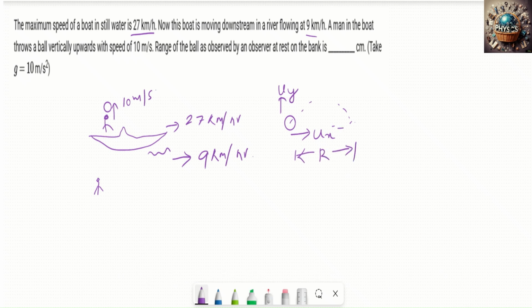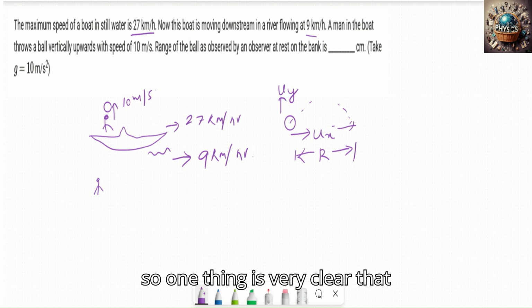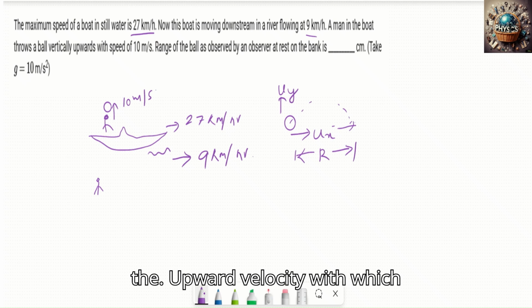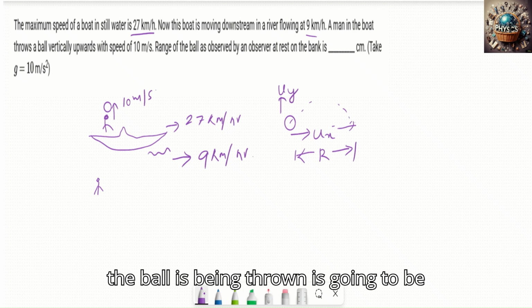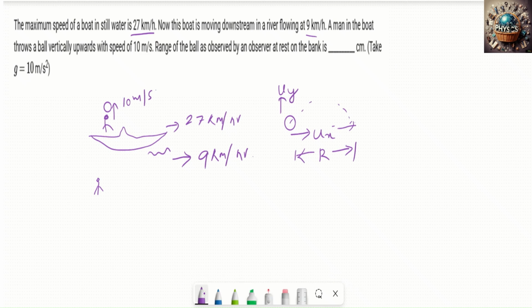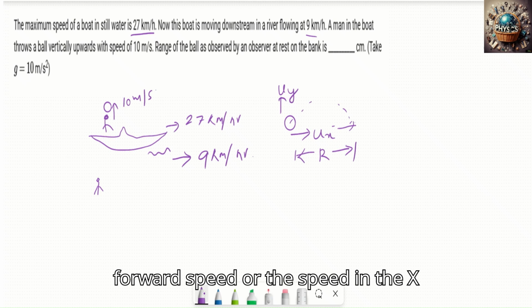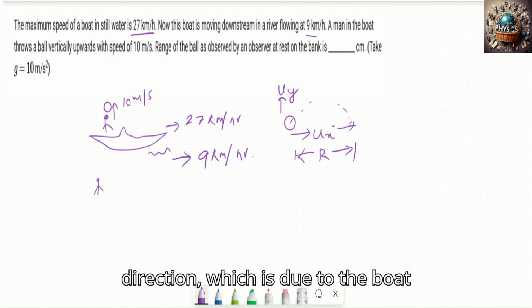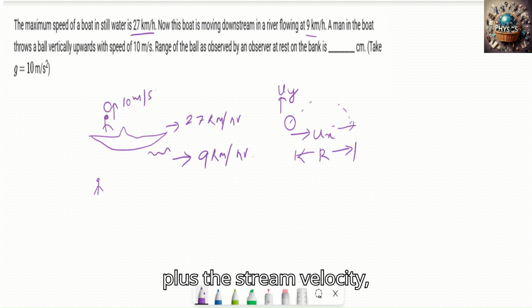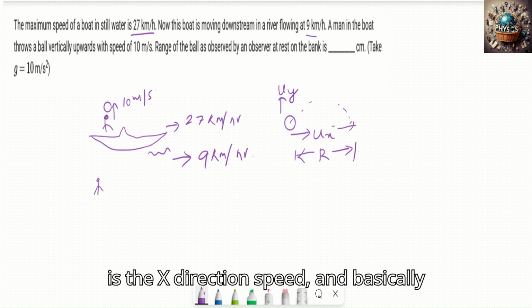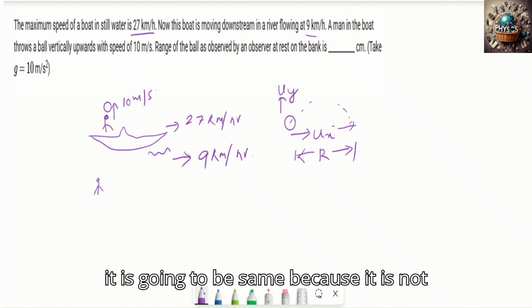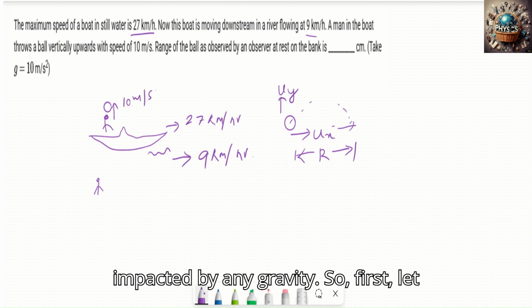Okay, so one thing is very clear, that the upward velocity with which the ball is being thrown is going to be impacted by gravity, whereas the forward speed, or the speed in the x direction, which is due to the boat plus the stream velocity, is going to be the same because it is not impacted by any gravity.